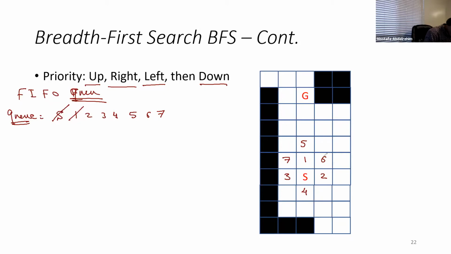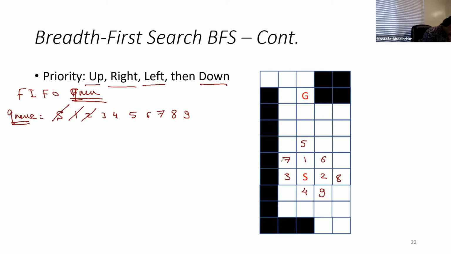Here we have filled, explored, then right, so we have 8. Just take the one number larger than the last one in the queue. 8, explored, then 9. So add here 8 and 9. Remove 2.